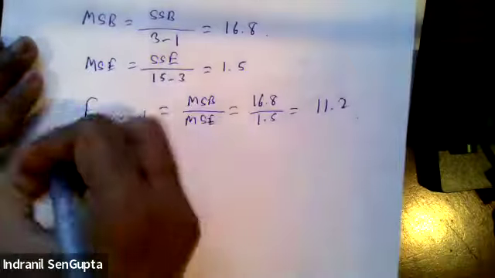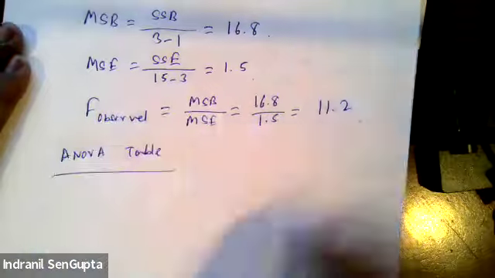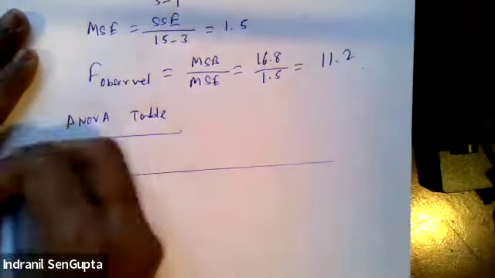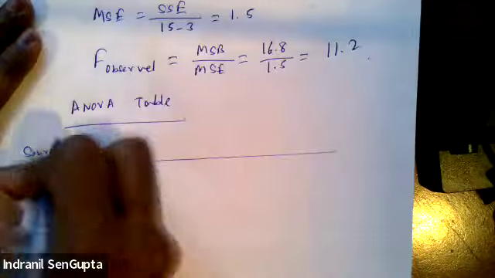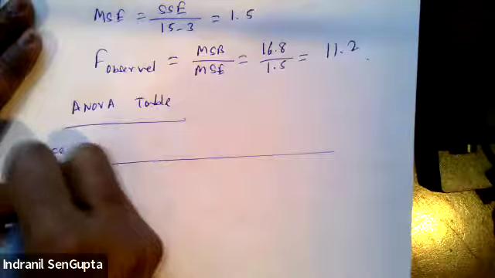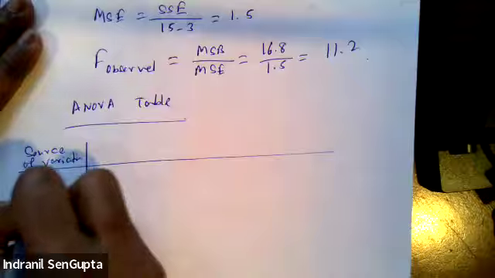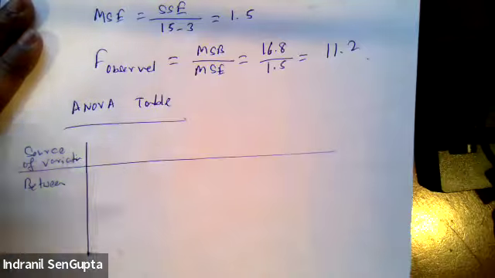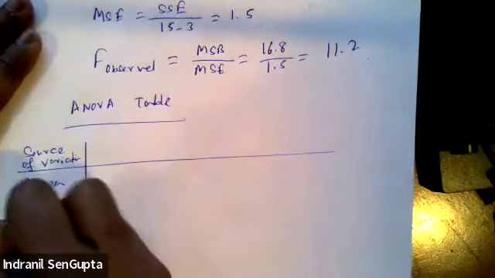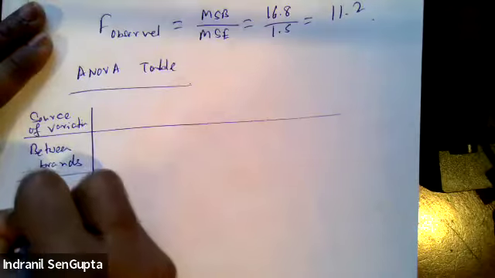Okay, now let's have the ANOVA table. The ANOVA table is basically just a nice way of putting all these results. So source of variation: between groups, or in this case, between brands, and within brands.